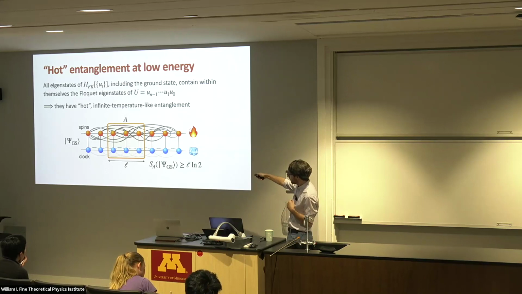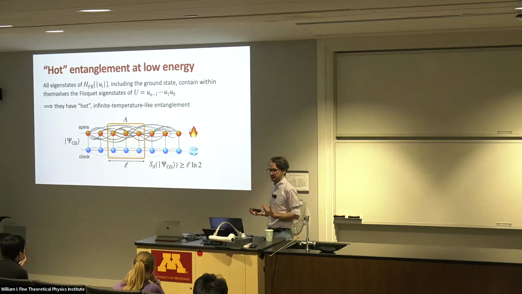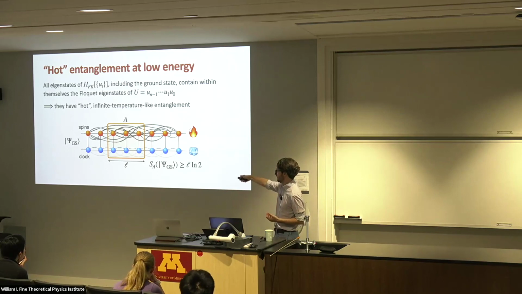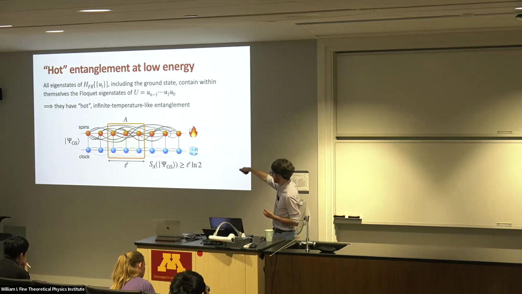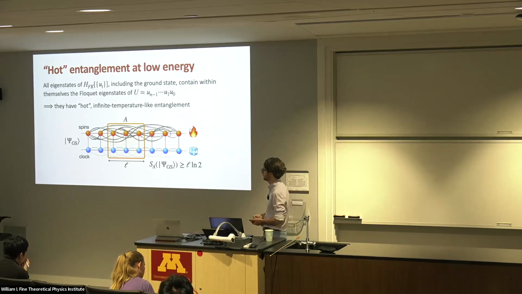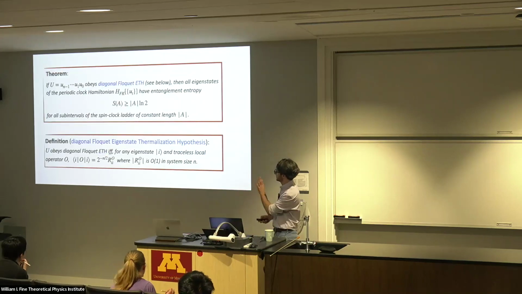But the qubit chain, the qubit side of the system, is basically at infinite temperature, and it contributes this extensive amount of entanglement, which you can see if you take the entanglement entropy of any contiguous subinterval of this ladder. Just the spin chain contributes an extensive entropy for any one of these intervals. So formally we have this statement again. It's what I just said.